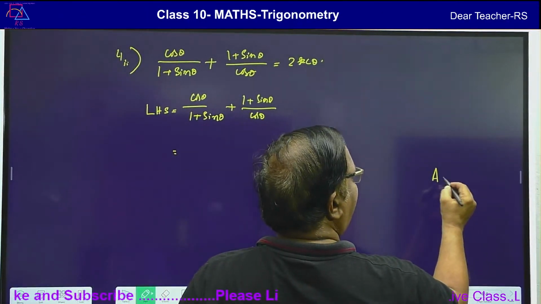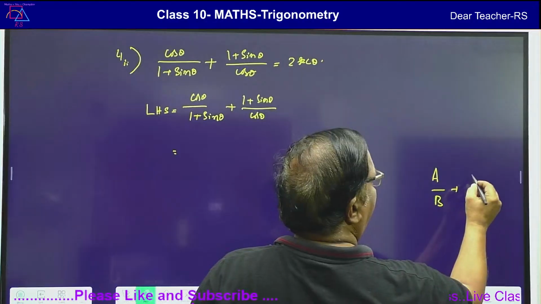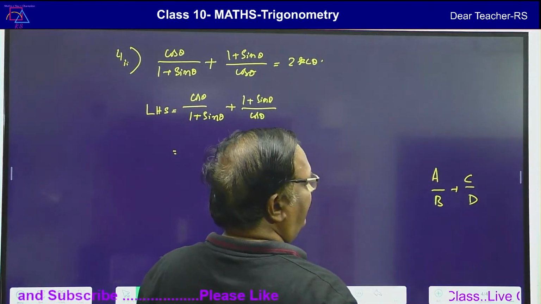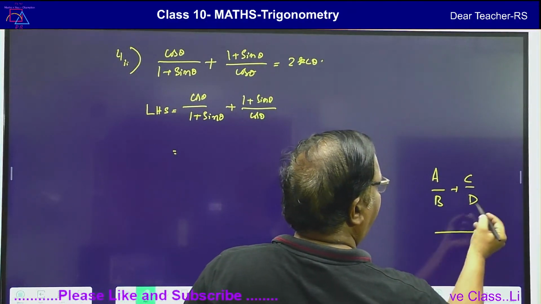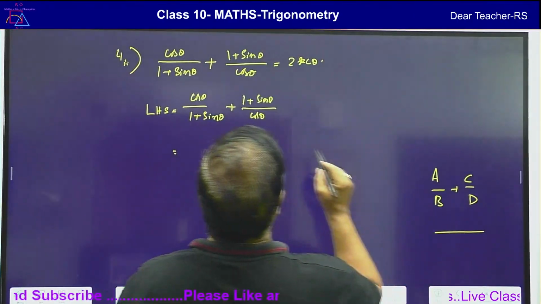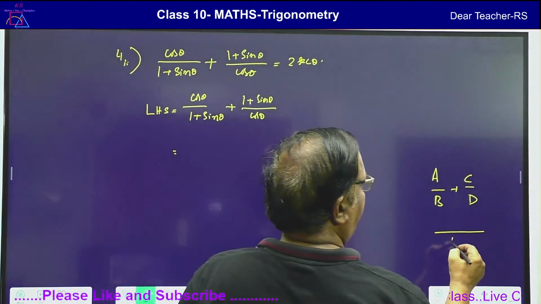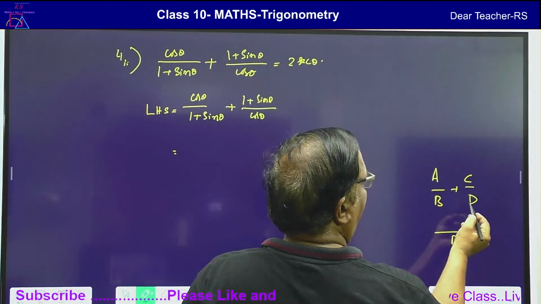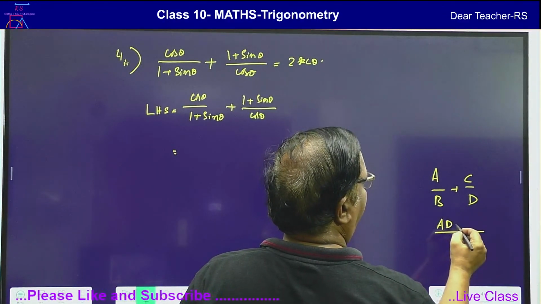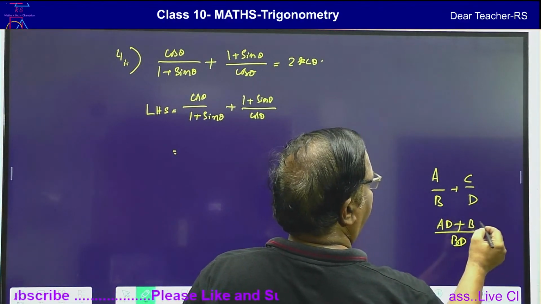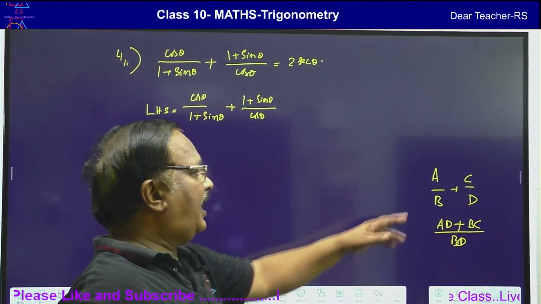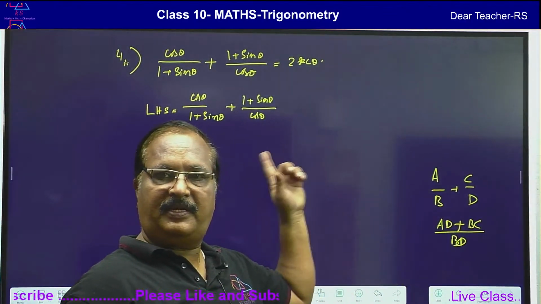So many teachers will do like this, a by b plus c by d. When b and d are different, bd will be the LCM, and a will come here, it will become ad, and b will go there, bc. So ऐसा सिंपल प्रिंसिपल में आप इधर कर सकते हैं.